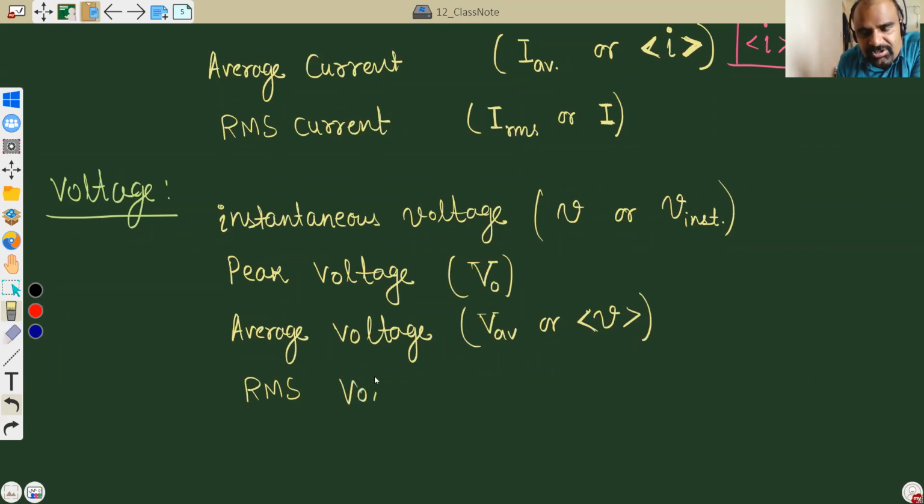And RMS voltage. How will we represent RMS voltage?